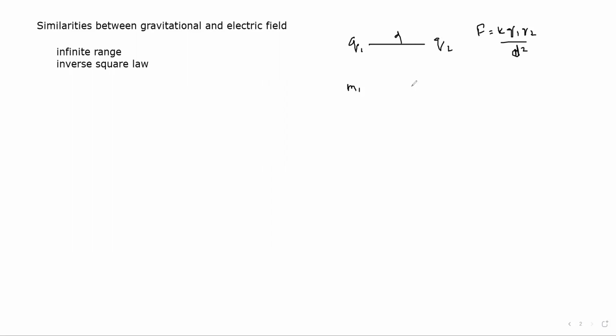And if we have two masses m1 and m2, and the distance between the centers is d, according to Newton's law of gravitation, the force between them is G m1 m2 over the square of the distance. You can see both forces follow the inverse square law. These are similarities, and both have infinite range.